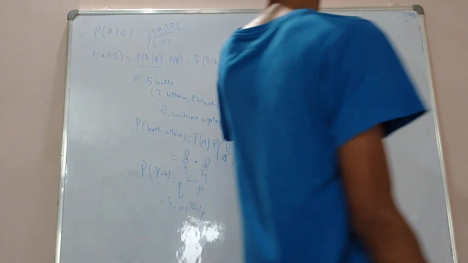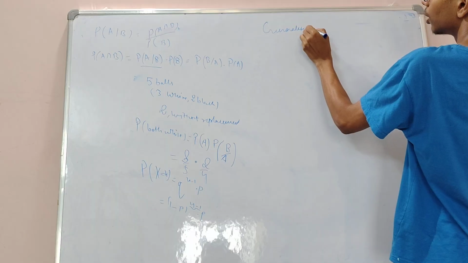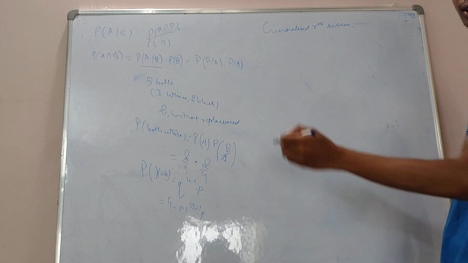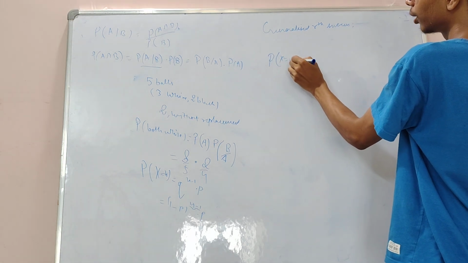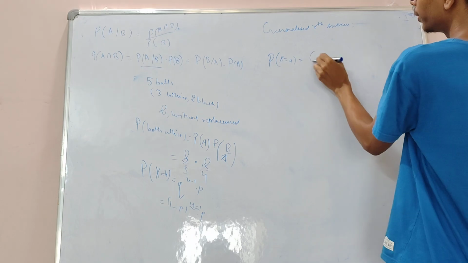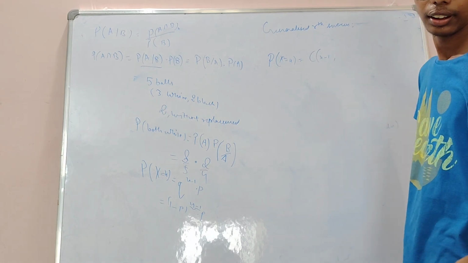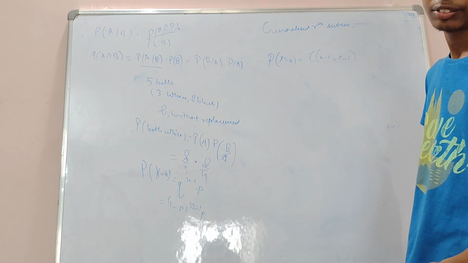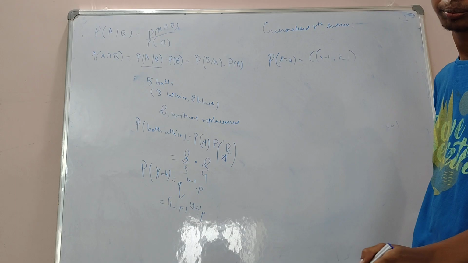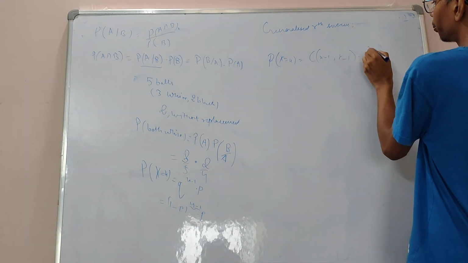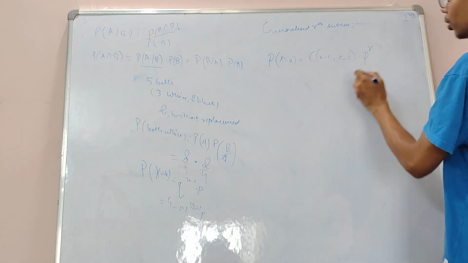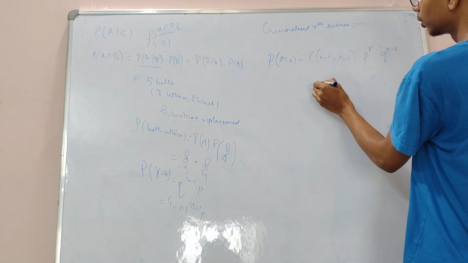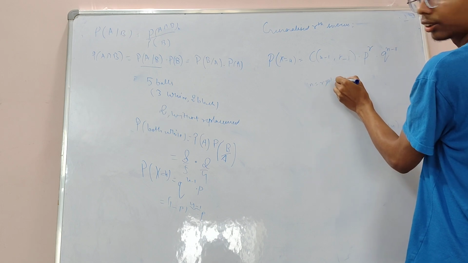So we keep going until we succeed. So the generalized rth success will be given as the probability: combination of n minus 1 and r minus 1 events, into the probability of getting success into the probability of getting failure, where n is r plus 1 and so on.